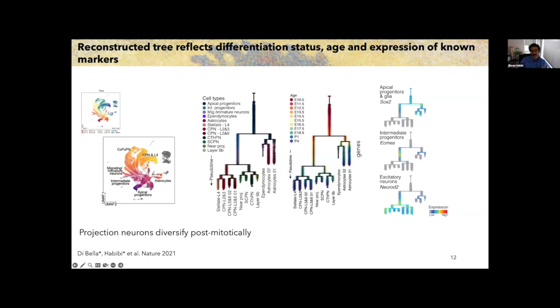In our tree, we can see that, for instance, the neuronal populations all come from a shared molecular trajectory, meaning that they have a common progenitor. This is an important finding, showing that the projection neurons diverge post-mitotically, and the progenitors are not actually pre-fated.